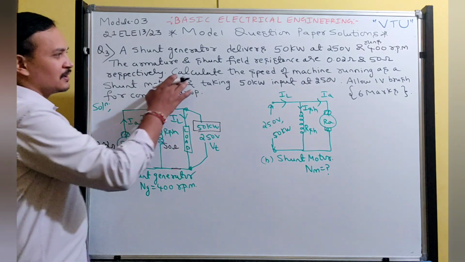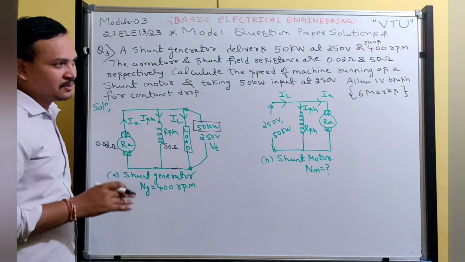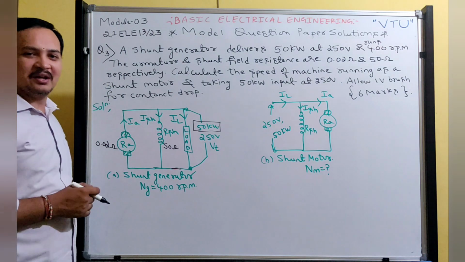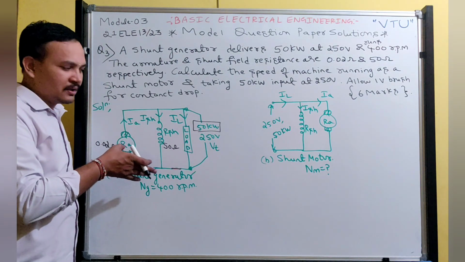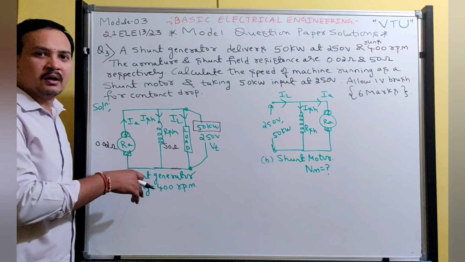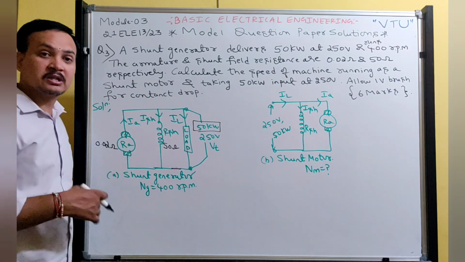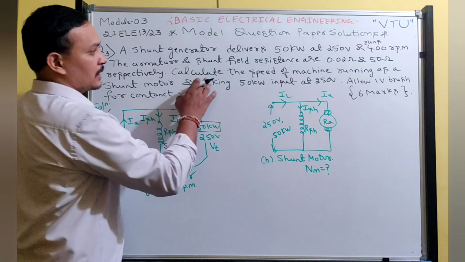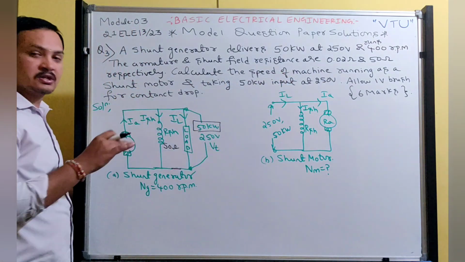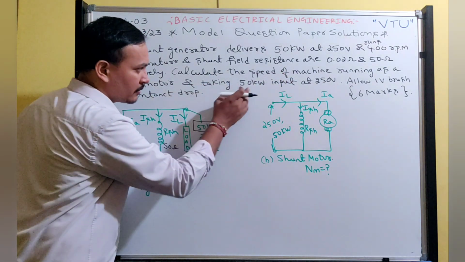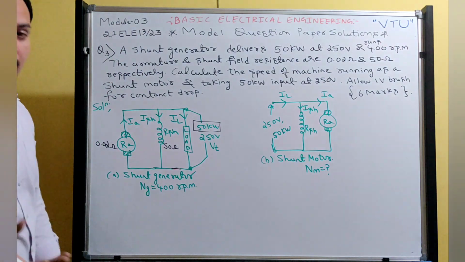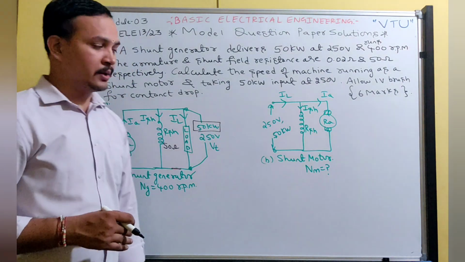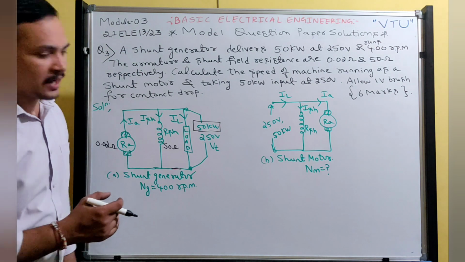They are asking to calculate the speed of the machine running as a shunt motor. It is a generator. If it runs like a shunt motor, what could be the speed under such condition? For a motor, electrical input is required and output is mechanical.